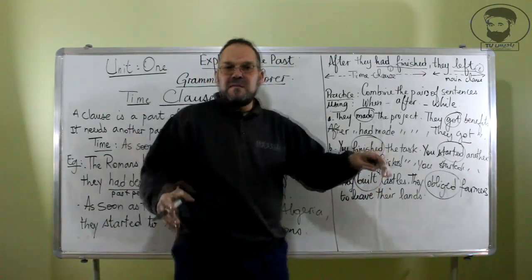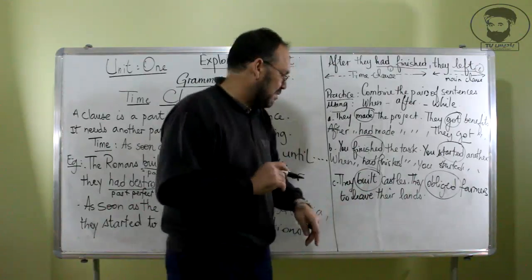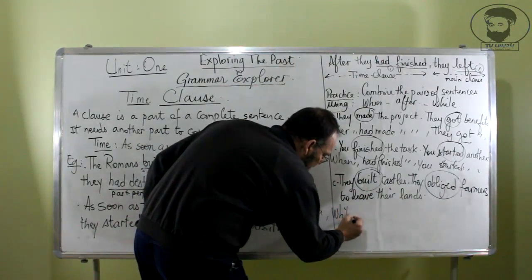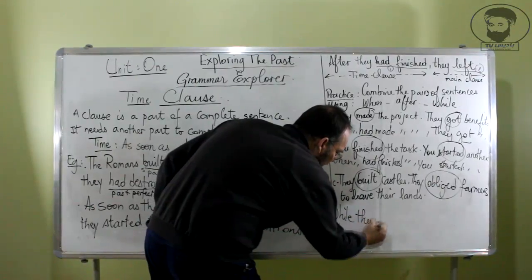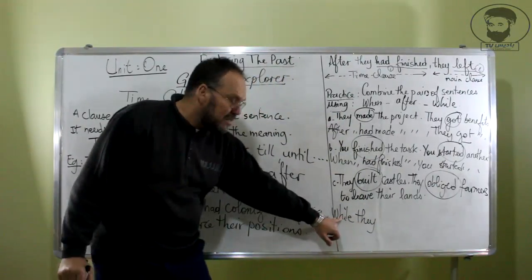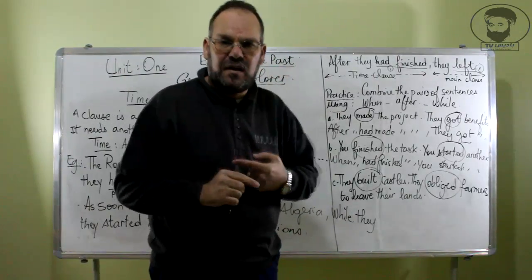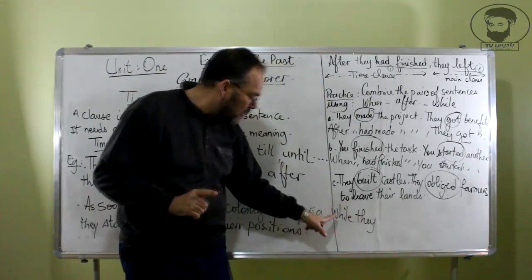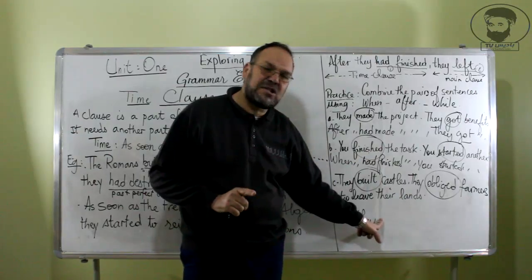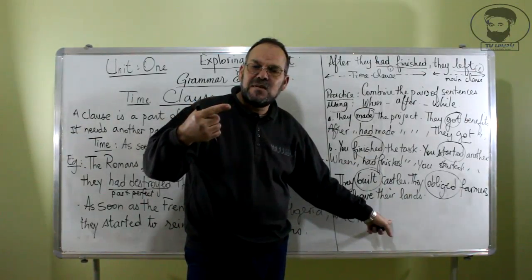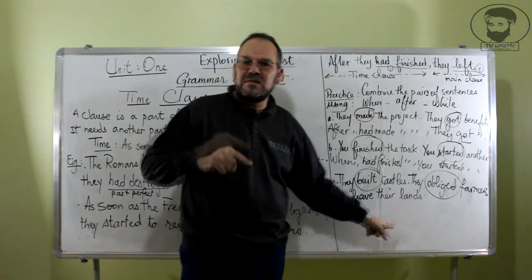Or you can make them at the same time. So you can say, for example, while. While is a conjunction of time which expresses continuity or progress in time. It means you cannot write a short action after while. You're obliged to change the tense from simple past to past continuous.